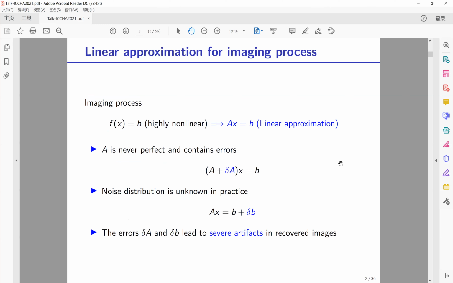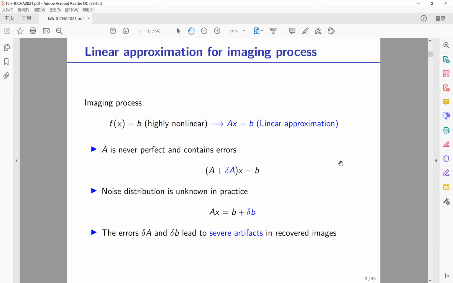Okay, first of all, let's look at the image processing problem. We always have observation data b, and the real image processing, we can imagine as a highly nonlinear process, which means that we have f(x) equal to b, and we want to recover our true image x.